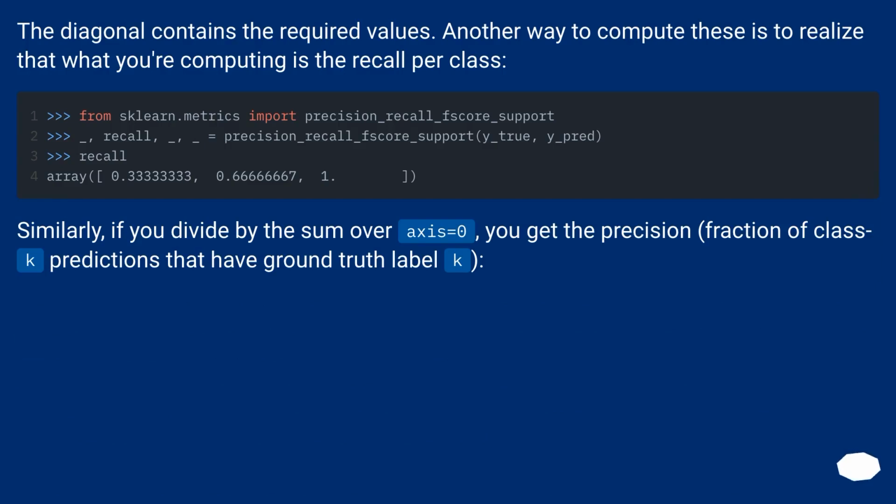Another way to compute these is to realize that what you're computing is the recall per class. Similarly, if you divide by the sum over axis equals 0, you get the precision, the fraction of class K predictions that have ground truth label K.